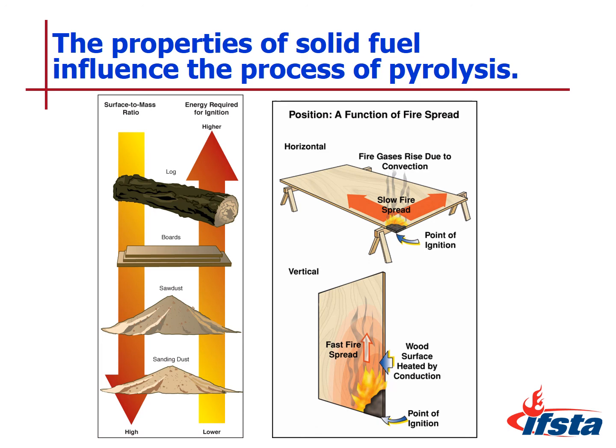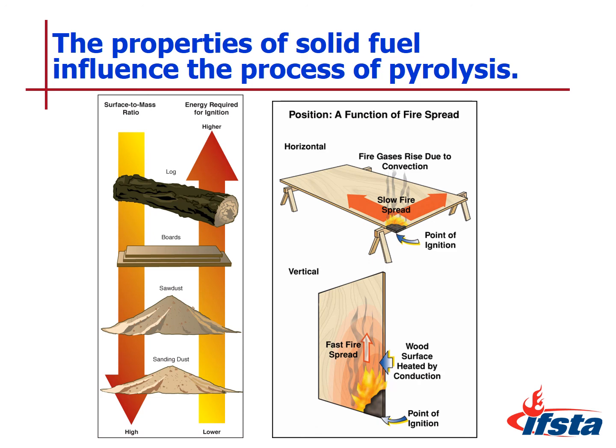Okay, so based on that, as we look at the slider part on the left side of this one, it shows the energy required for ignition and the surface to mass ratio. The higher the surface to mass ratio, the lower the energy required for ignition. We all understand that, right? We've built campfires, so we don't start with the biggest log in the world.